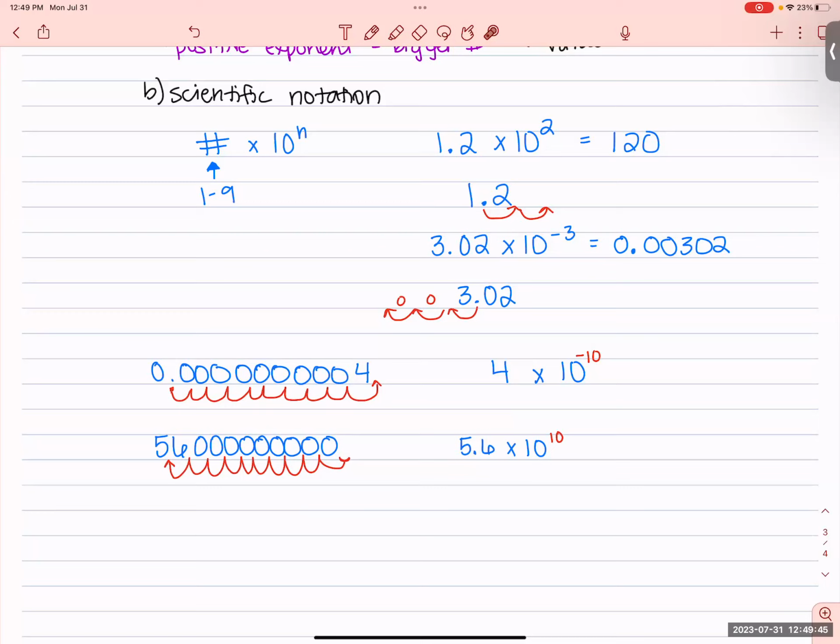You can use your calculator to do it for you. But I do want you to know how to interpret the exponents, and I want you to know how to do it on your own without the calculator as well, because it's just going to be very helpful for you to be able to rationalize, oh, that's 120, right? You don't have to necessarily always go to your calculator for that.